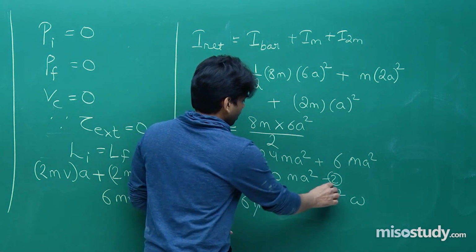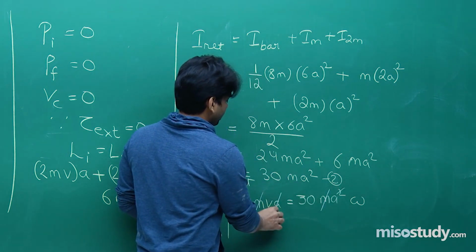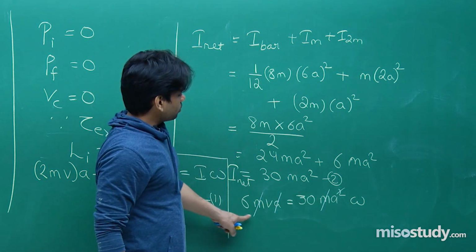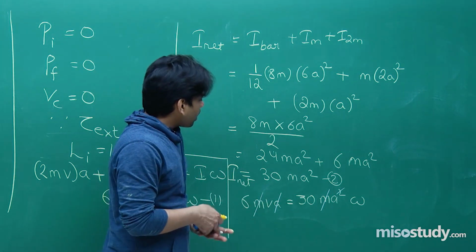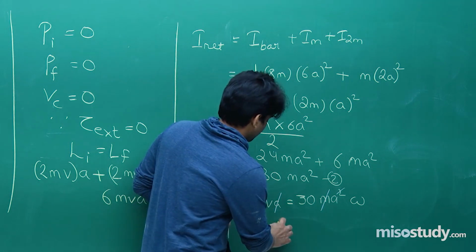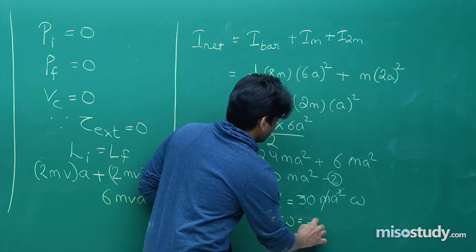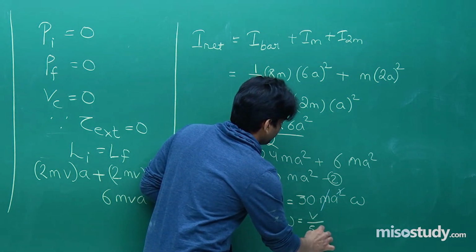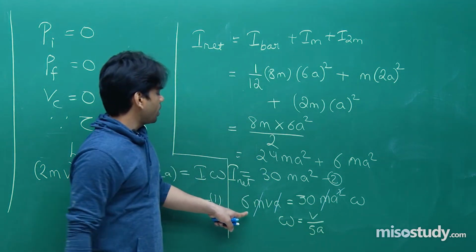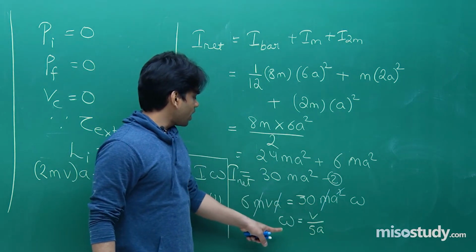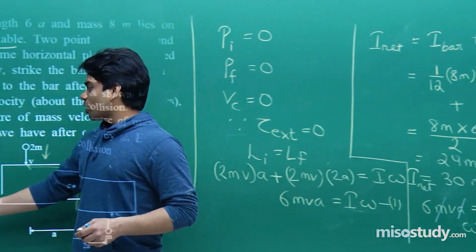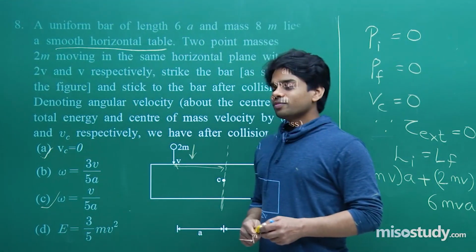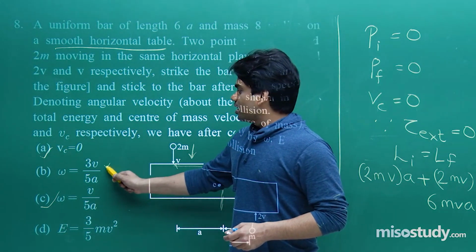Clearly you can see m cancelled out, a cancelled out, and omega will come out to be v by 5a. Let's check the options: option C, omega is v by 5a, is the right answer. Omega is 3v by 5a is incorrect.